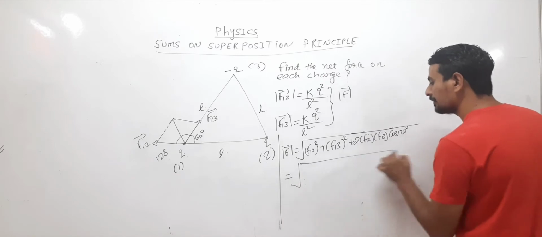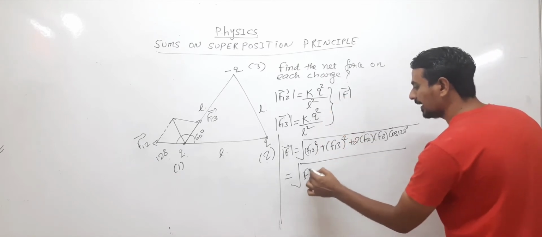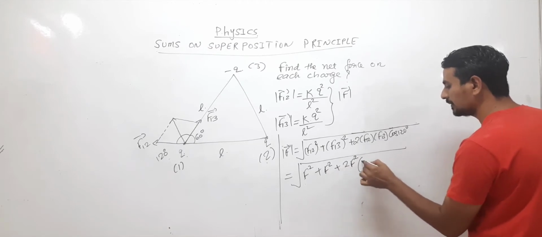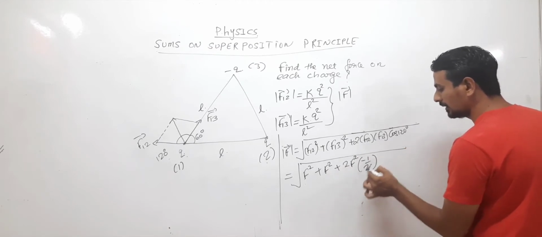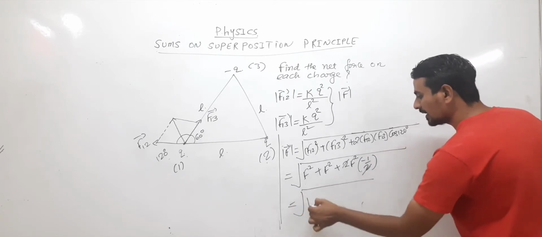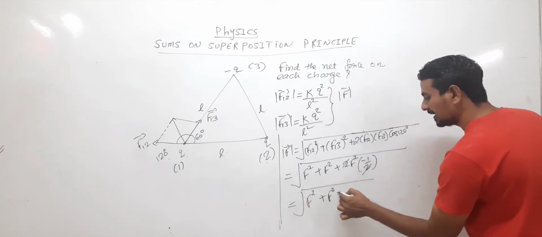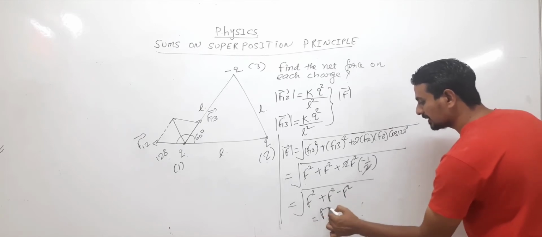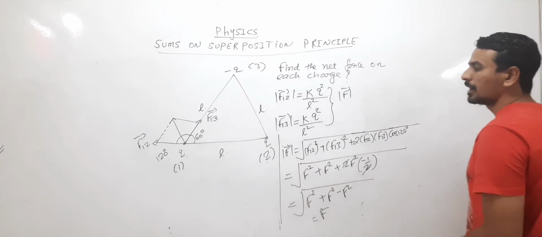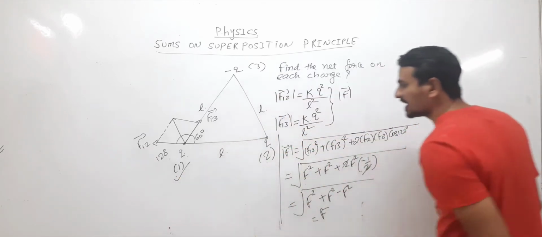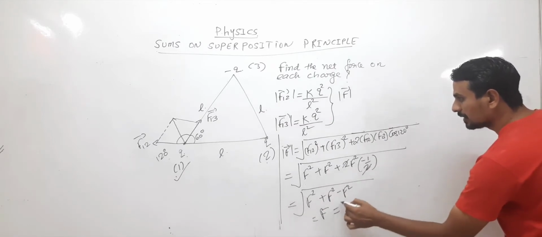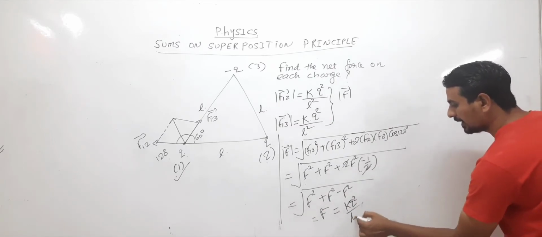Okay, magnitude wise the forces are F, so it will be F square plus F square plus 2F square times cos 120. What is cos 120? Minus 1 by 2. This 2 and 2 get cancelled, so this will be the root of F square plus F square minus F square. So your answer is F, right? So the net force on charge 1 because of second and third will be equal to KQ square by L square.